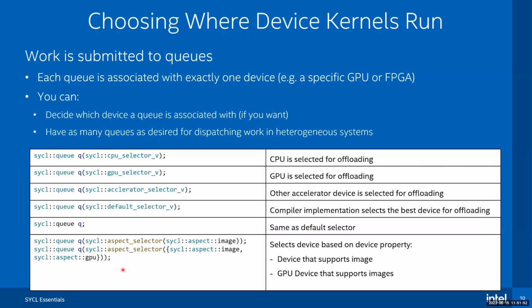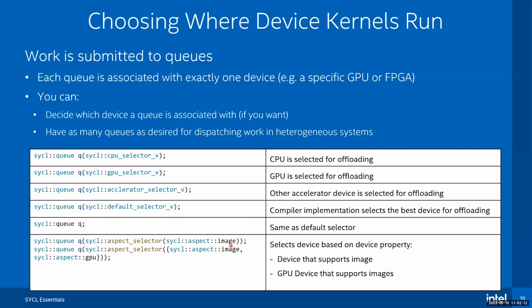And then there's finally something called the aspect selector. This is something new that was added in the latest specification. This is something you use if you want to select a specific type of device based on a feature inside that device, right? So in this case, we are saying aspect selector, but the aspect needed is an image, right?